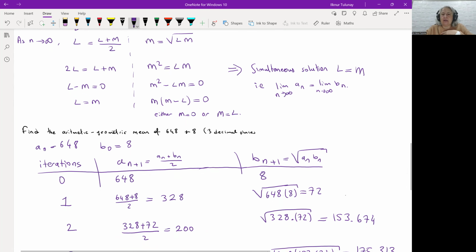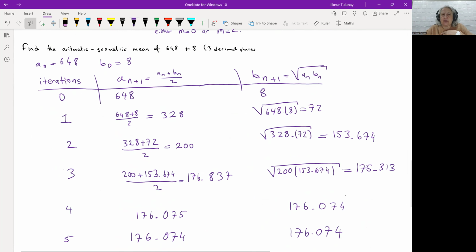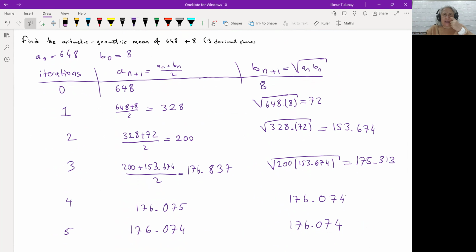So the next thing that the question asks is to do some applications with respect to some numbers, and the numbers are 648 and 8. So this is the iterations. This is the iteration number, this is the an's, and this is the bn's. For n equal to 0, a0 is 648, and b0 is 8.